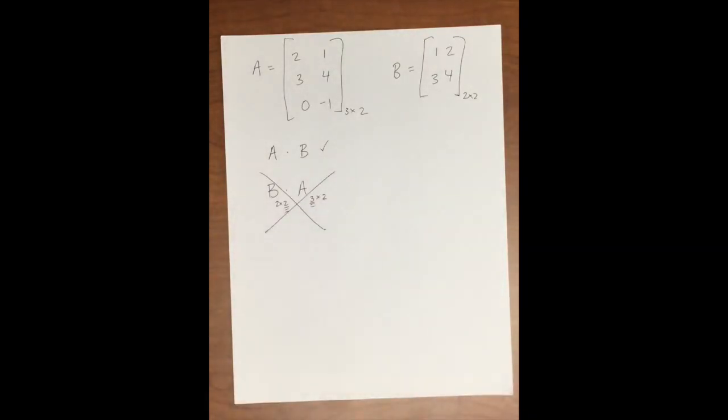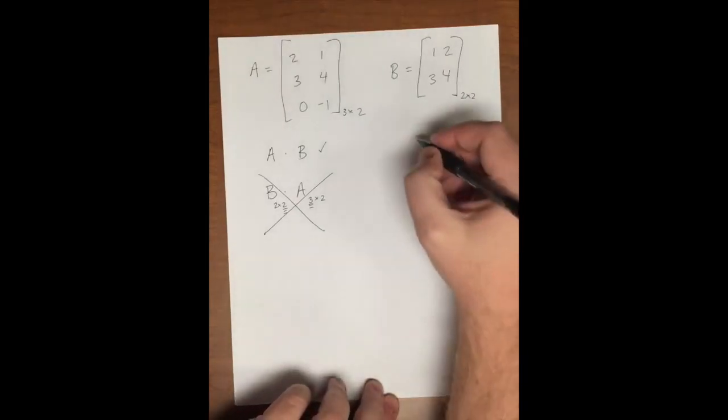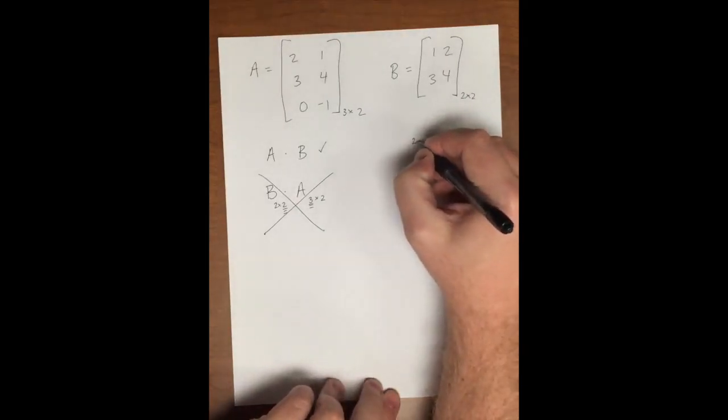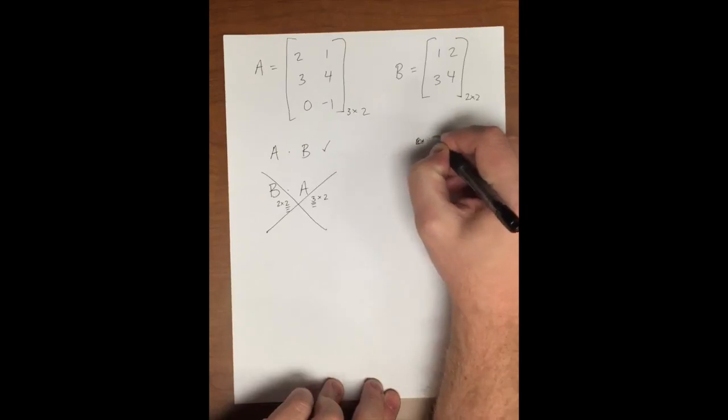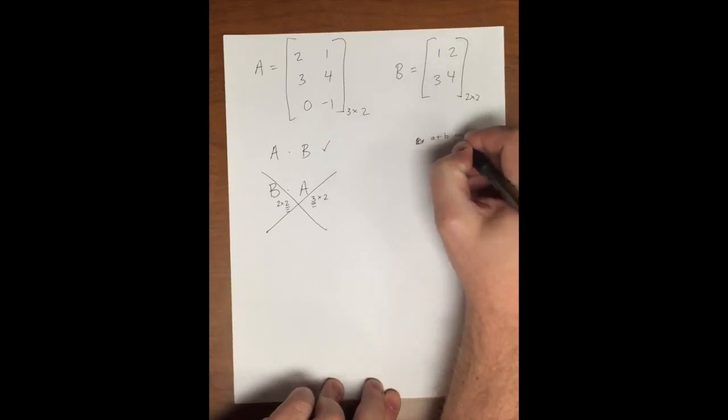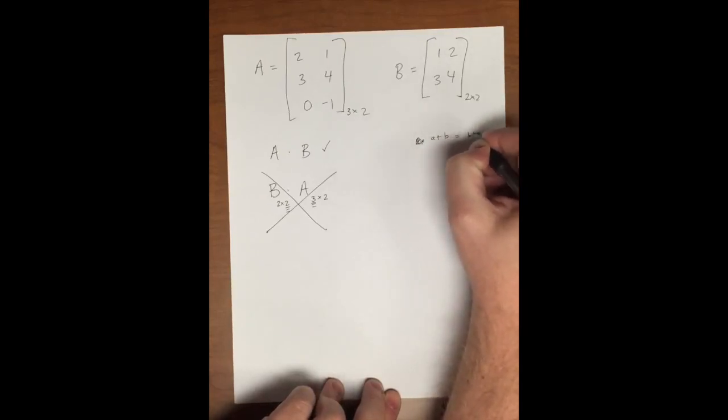Now this brings up a really interesting point. A times B works, but B times A doesn't work. That means that matrix multiplication is not commutative. This is going to be a really important property for us as we move forward, because when we have things like addition of real numbers, if we talk about A plus B, that's the same thing as B plus A. We have commutative property.